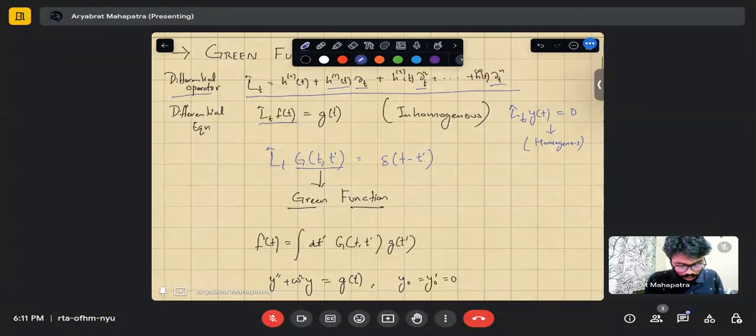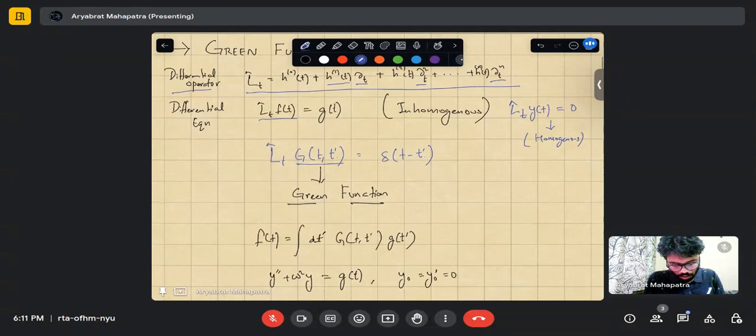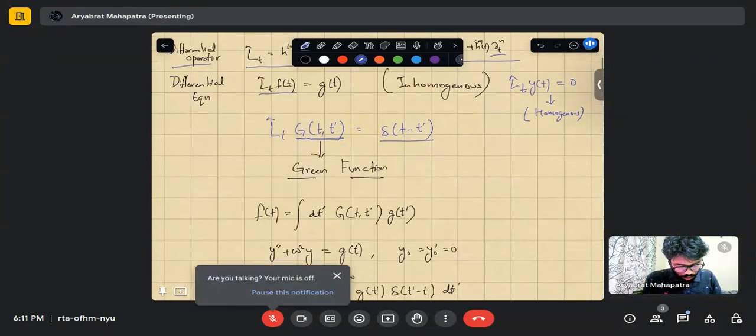When you operate the same differential operator on this function g, you get delta functions. Exploiting this property, we get the solutions for inhomogeneous differential equations. We'll see how that happens.